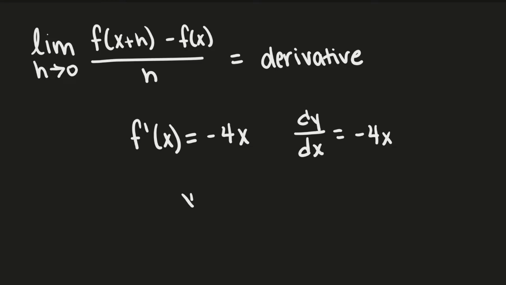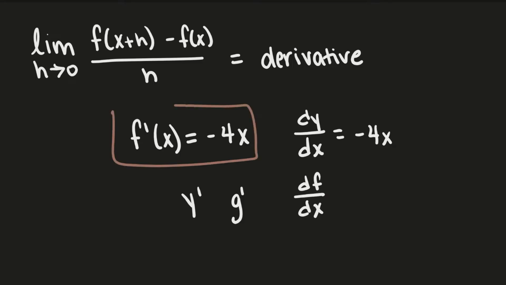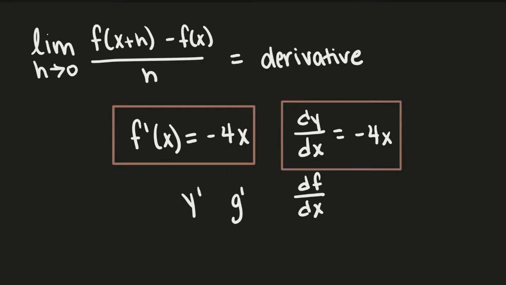You may see y prime, g prime if we have a g of x. You may see df dx. So there's a lot of different ways that you may see it, but these two ways right here are going to be the most common.